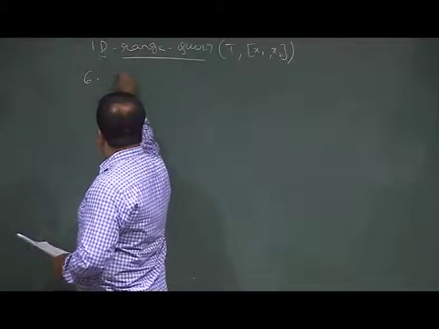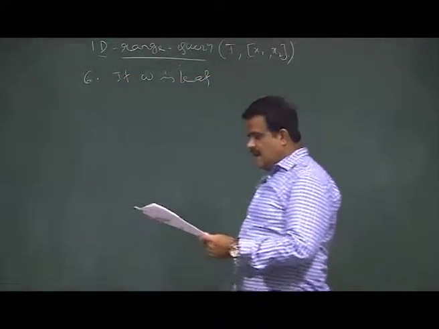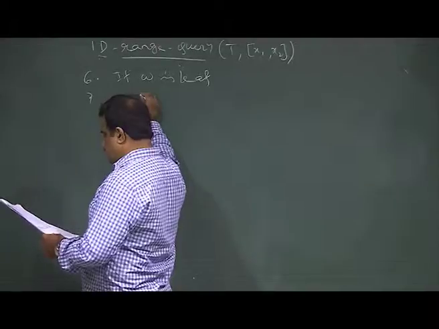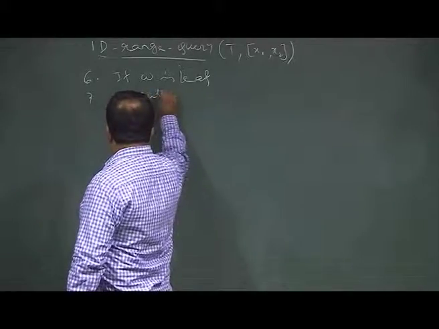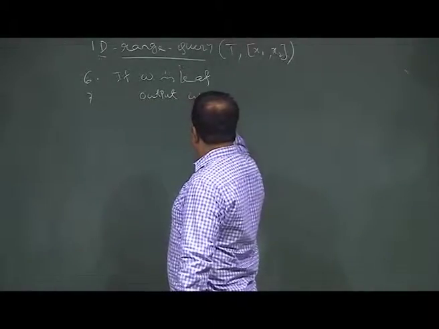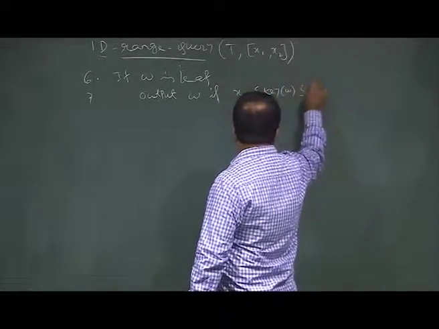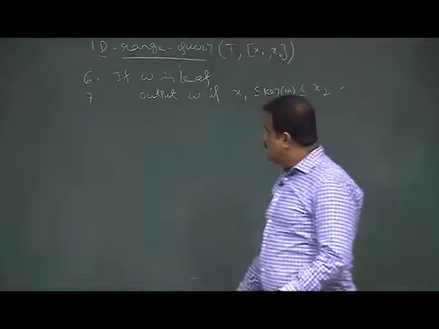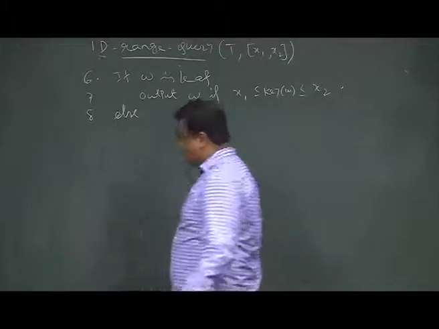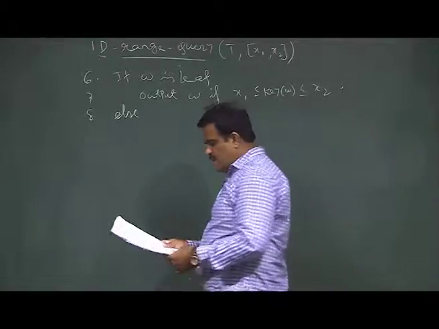Now, if W is a leaf, then we just check the key of W, and if it is matching, output the leaf W if x1 is less than or equal to key of W, which is less than or equal to x2. Otherwise, if W is not a leaf, that means W is a split node which is not a leaf, that means it has some child, left child or right child or both.